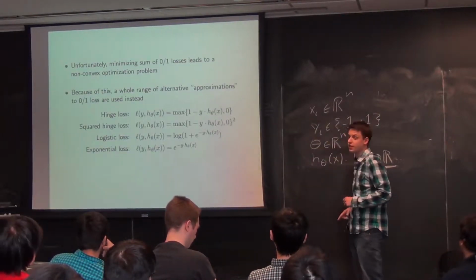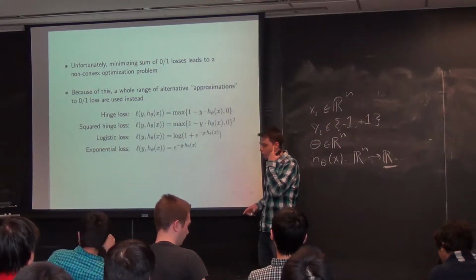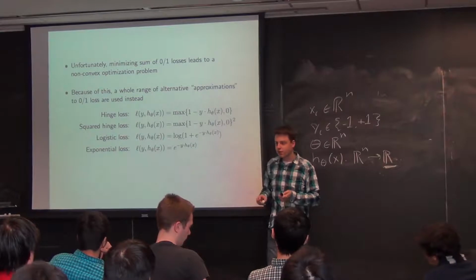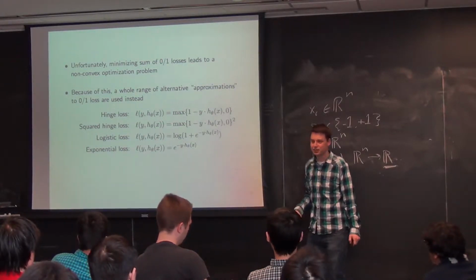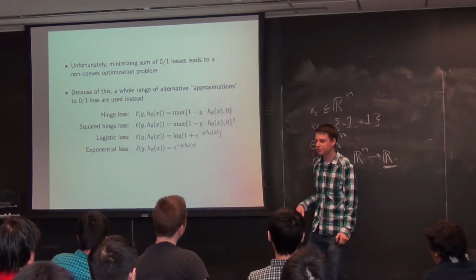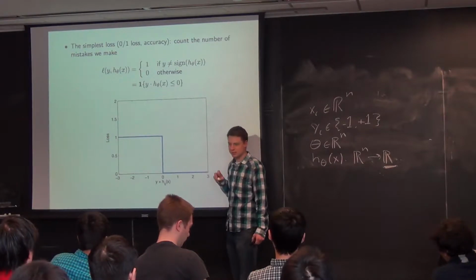So what do we use instead? Well, there are a whole lot of alternatives you can use. And what they all essentially are is some convex function that approximates that function that we saw before, the 0, 1 loss. And that might seem weird, right? Because it seems pretty hard to approximate this with a convex function.